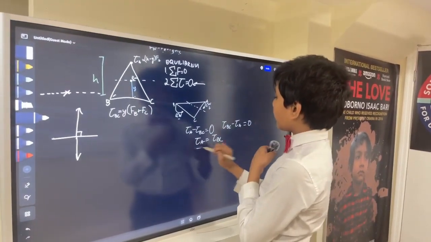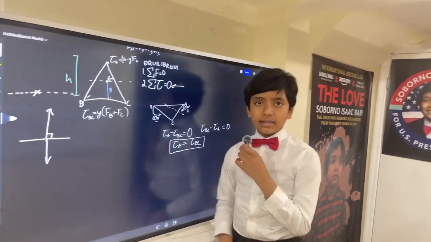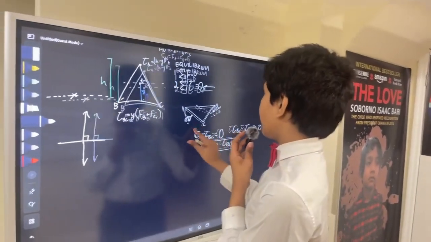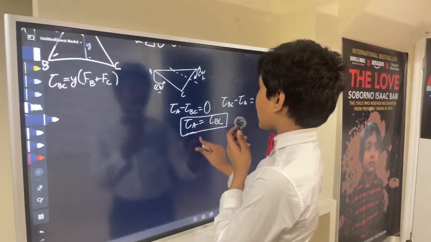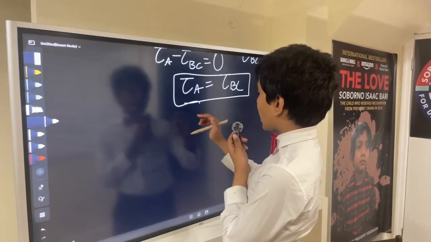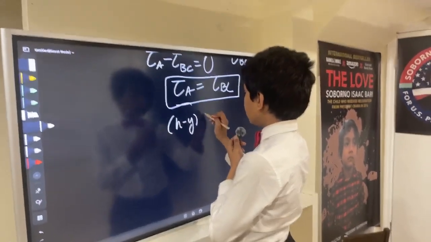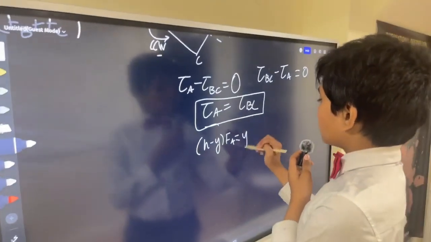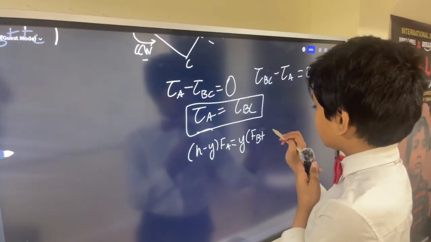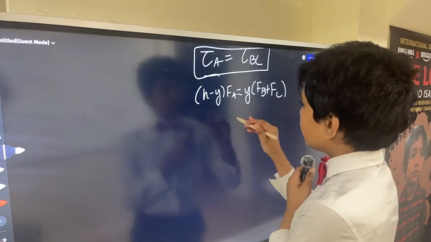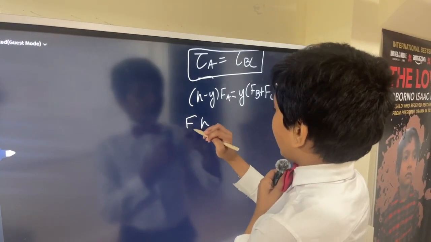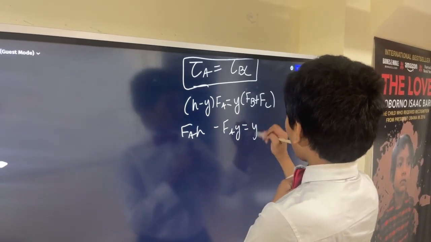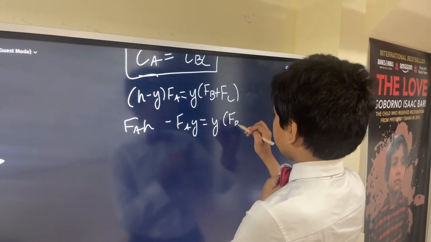But anyway, we have this equation now. Tau A equals tau BC. So, tau A, we said, was h minus y times FA. And tau BC, what was that? y times FB plus FC. Now that gives us FA h minus FA y equals y times FB plus FC.